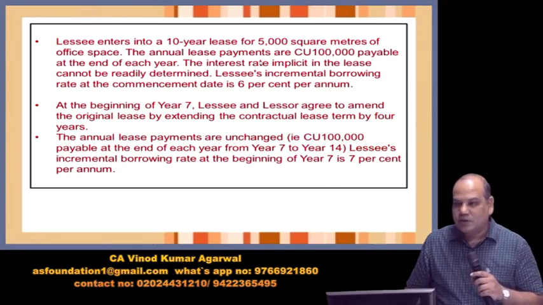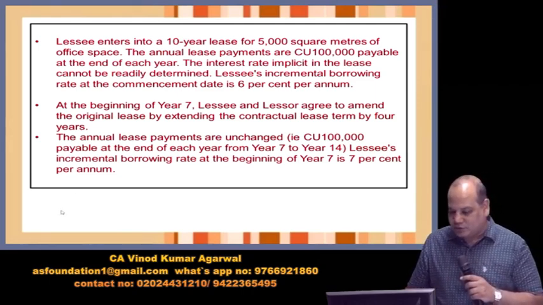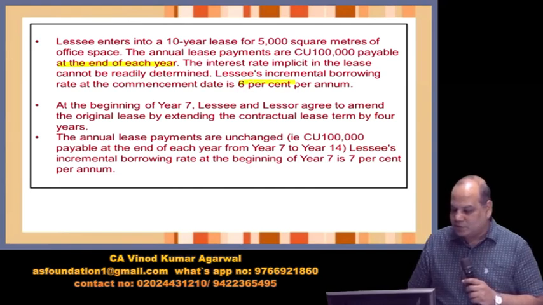The annual lease payments are currency unit 1 lakh payable at the end of each year. Underline payable at the end of each year. So this is good. The interest rate implicit in the lease cannot be determined. Lessee's incremental borrowing rate is 6% per annum.